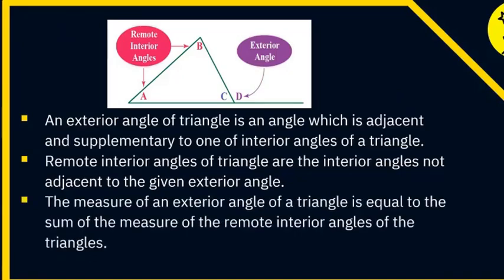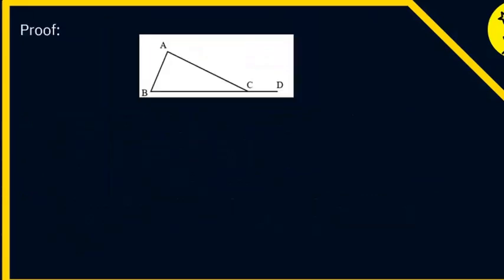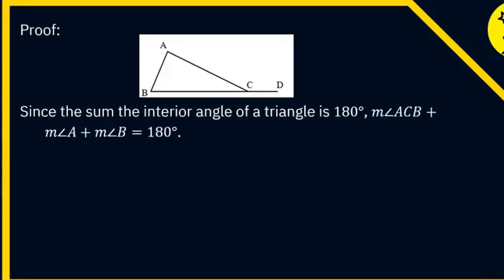The measure of an exterior angle of a triangle is equal to the sum of the measures of the remote interior angles of the triangle. So let us prove it with triangle ABC and the adjacent AD. Since the sum of the interior angles of a triangle is equal to 180, the measure of angle ACB plus the measure of angle A plus the measure of angle B is equal to 180.